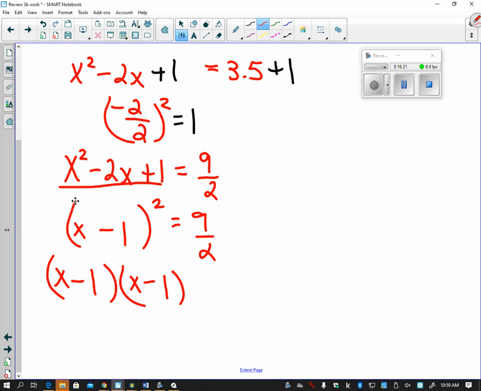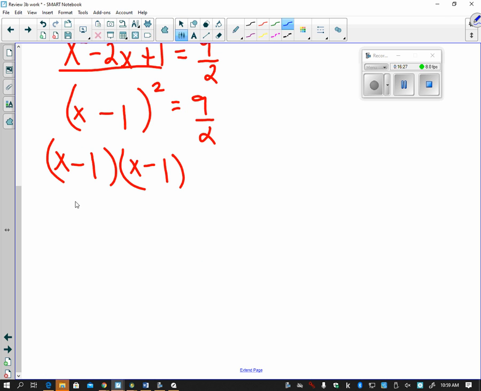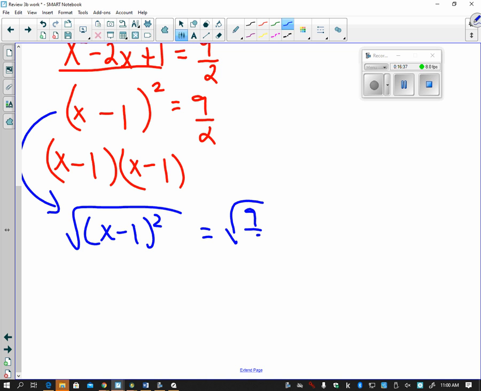Right. Okay. Can I erase this bottom? Well, here, we'll just skip down. Okay, so from here, we are square rooting x minus 1 squared, and we are square rooting 9/2. Okay, to get x minus 1 equals plus or minus square root of 9/2.